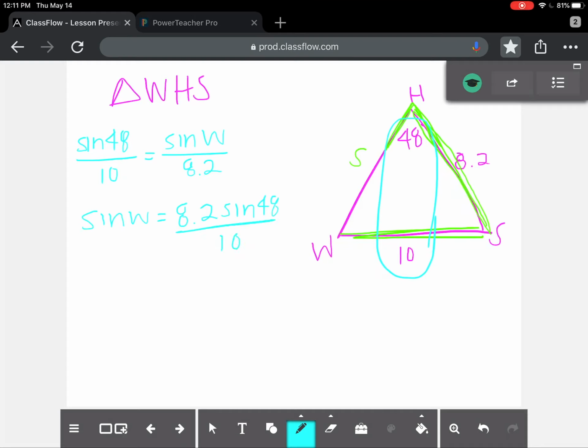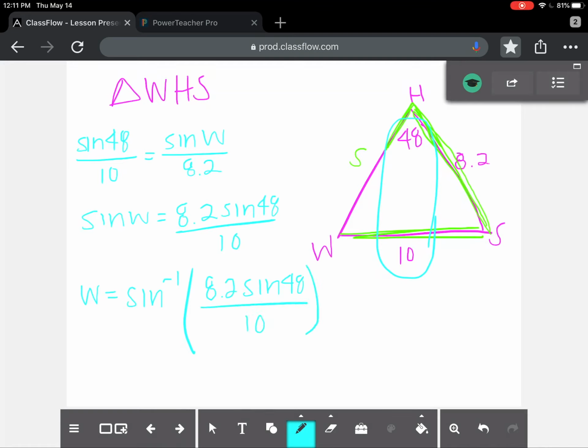That will give me angle W. I'm going to multiply both sides by 8.2, so I'll get sine of W equals 8.2 sine of 48 over 10.